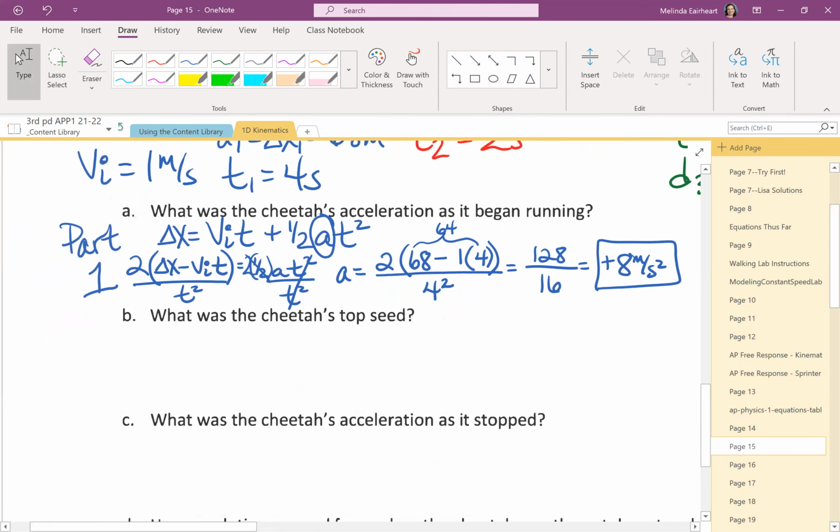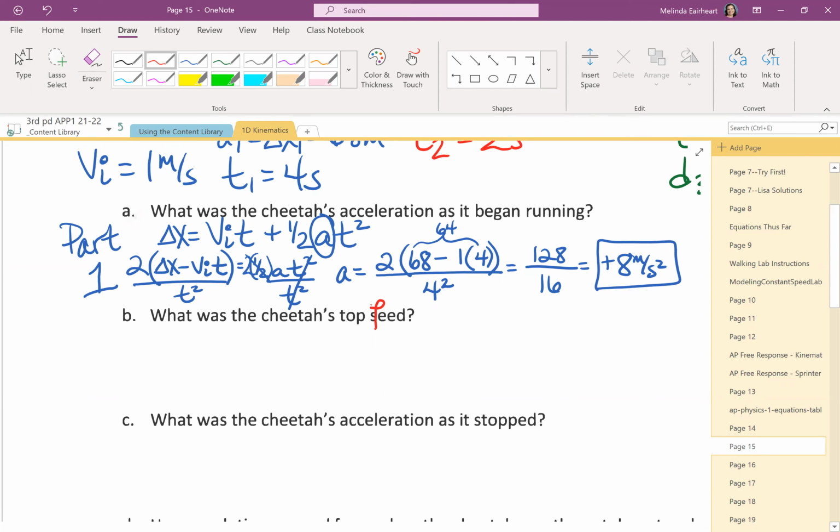Okay. B is supposed to say, what is the cheetah's top speed? I see it every year and I forget to change it. That's supposed to say speed. Okay. So the top speed, well, that's the final of part 1 or the initial of part 2. We just had a bunch of part 1 information.